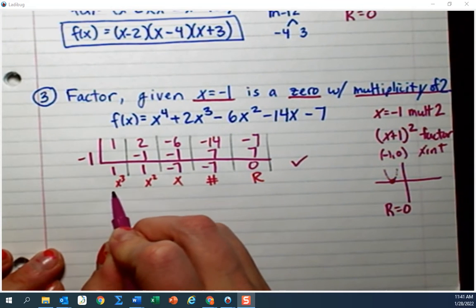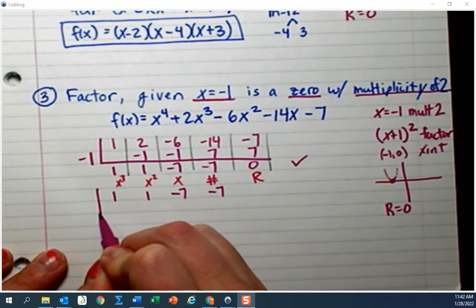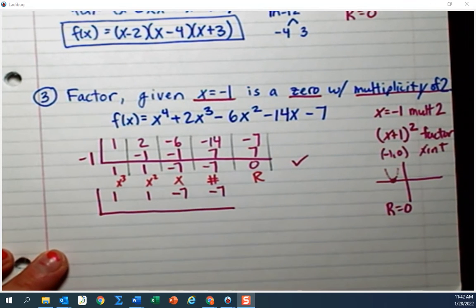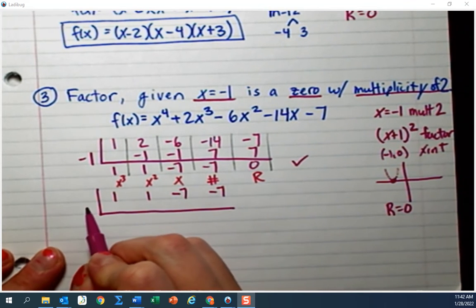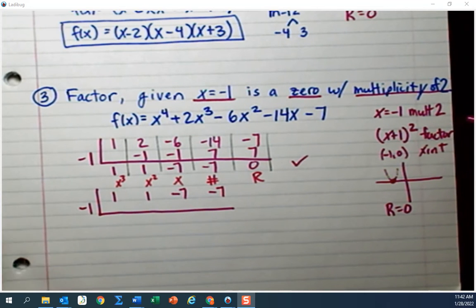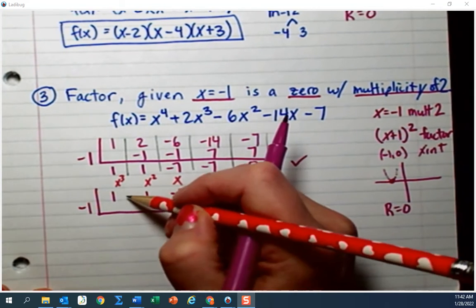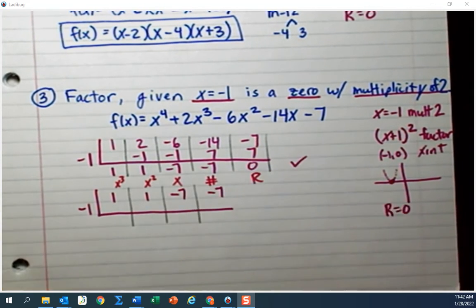So I'm going to rewrite my numbers here, and I'm going to do my synthetic division again, because this is a multiplicity of 2, which means you can divide by the factor twice. Notice that it's shorter, right?